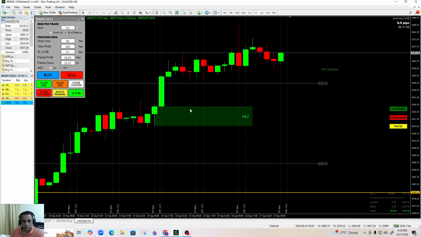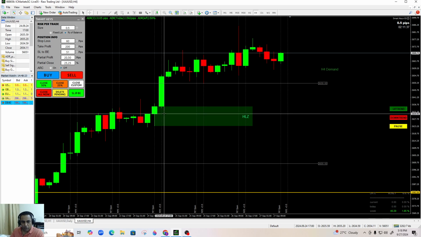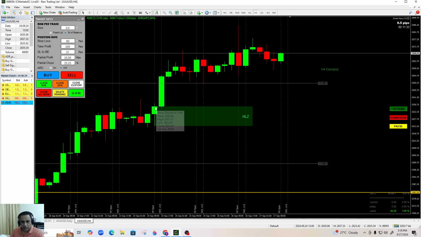I'm going to keep this here just to save time. This is basically a rally, base, rally. You have a leg in, a base candle. The base candle has more wick and less body, and the zone is drawn from the open, the start of the body, to the lowest wick in that base, right?